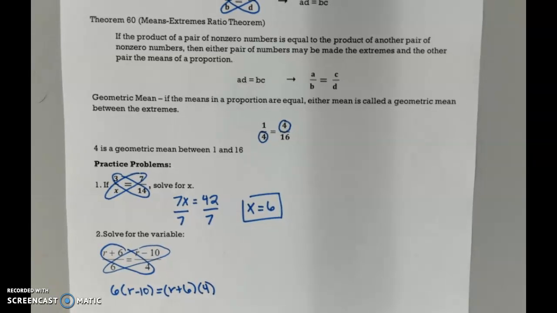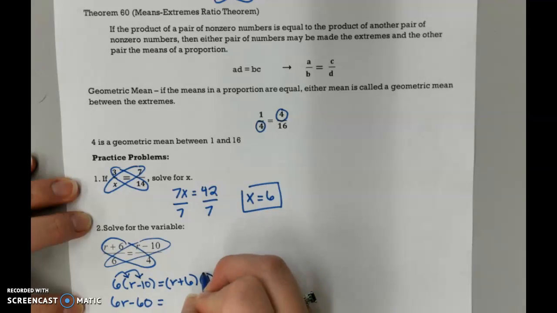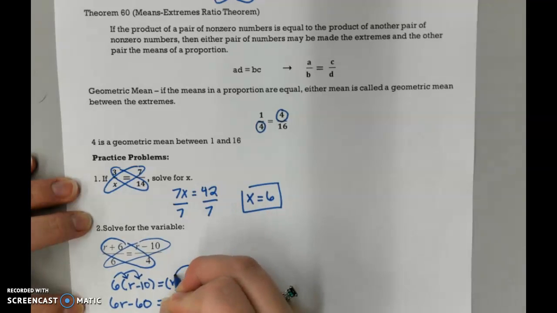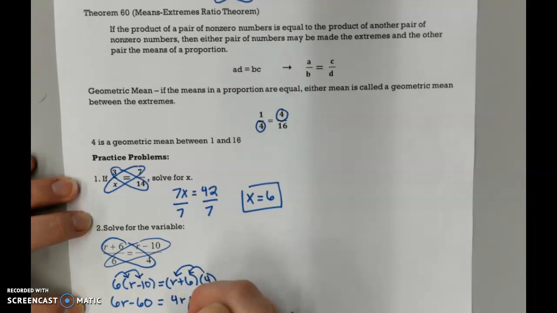This looks tricky, but all I'm going to do is distribute on both sides of my equal sign. I'm going to distribute this 6 to the r and the minus 10, and I'll get 6r minus 60. On the right side, I'm going to distribute the 4 to the r and to the 6, and I'll get 4r plus 24. Now it's just a simple algebraic equation that I need to solve.